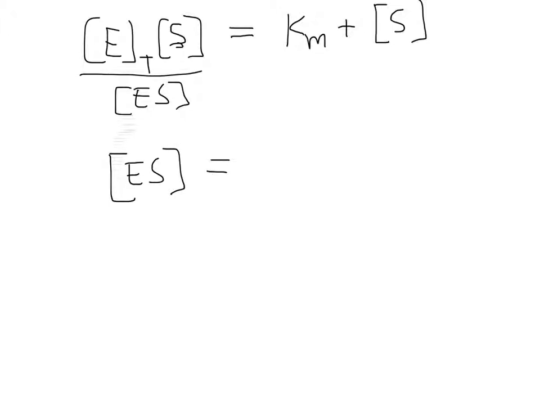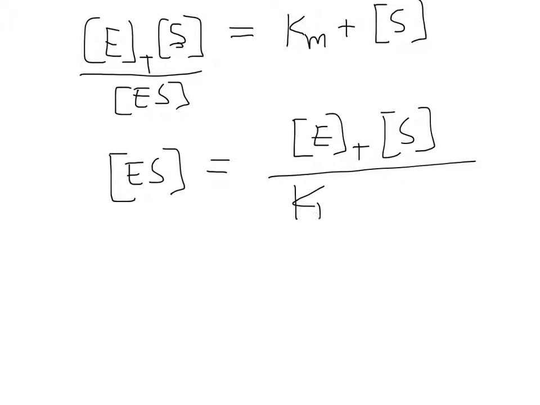All I have to do is flip this over and multiply by ET and times S. In the denominator, I get Km plus S. Okay.